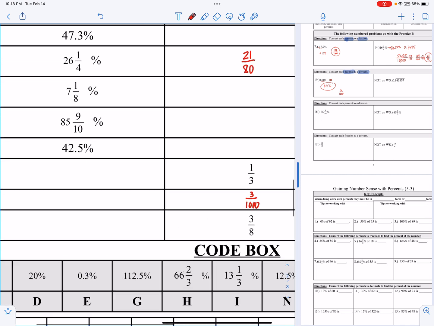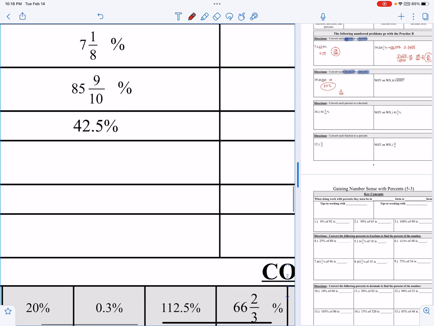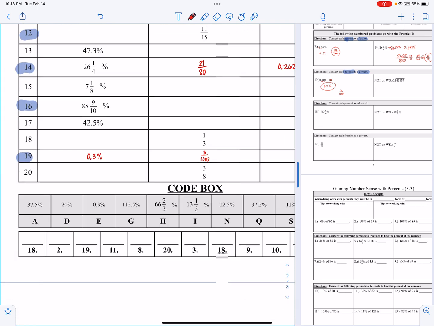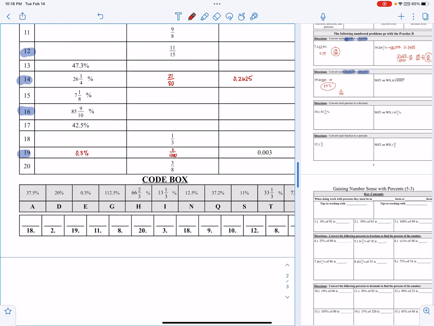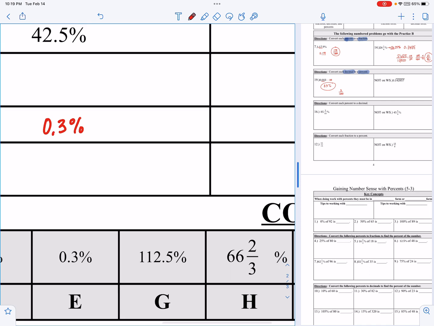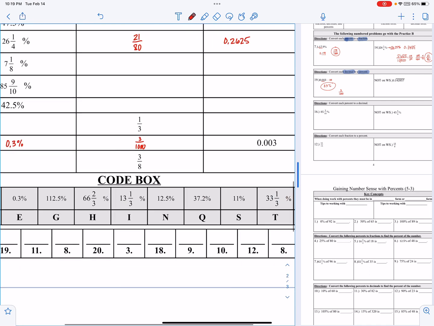And then in percent form, we swoop the decimal 2 spots to the right, and it gave us 0.3%. I want to make sure I'm writing in the correct spot. So 0.3%. I know this makes sense because if I moved it 2 spots to the left, it would give me what we see on the far right, 0.003.